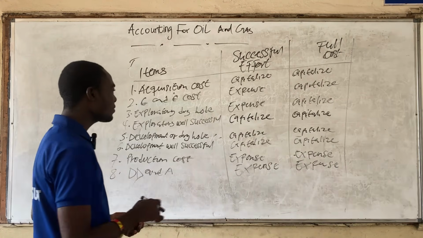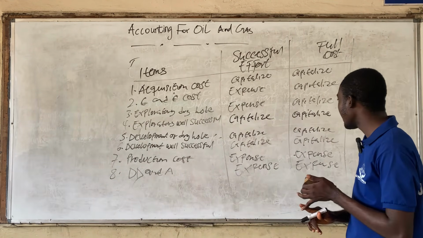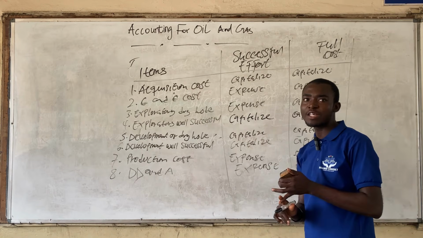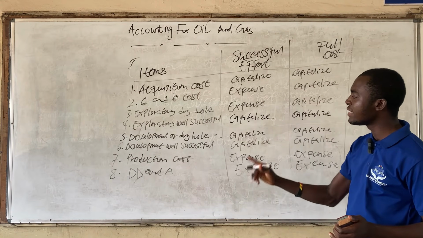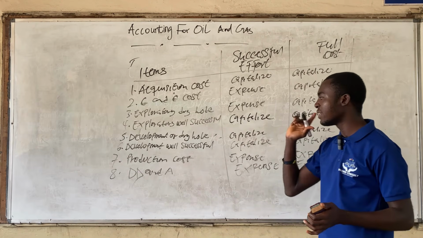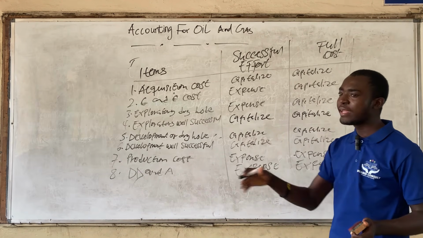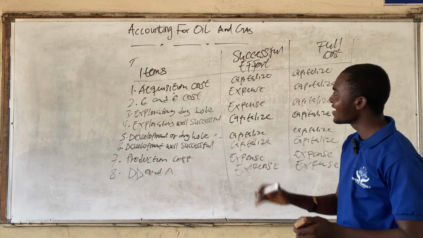So note, under full cost method, the only transactions that will be written off or recognized as an expense are the production cost and then DD&A, that's the depreciation, depletion, and amortization. The remaining transactions will be capitalized or form part of the cost of the asset.